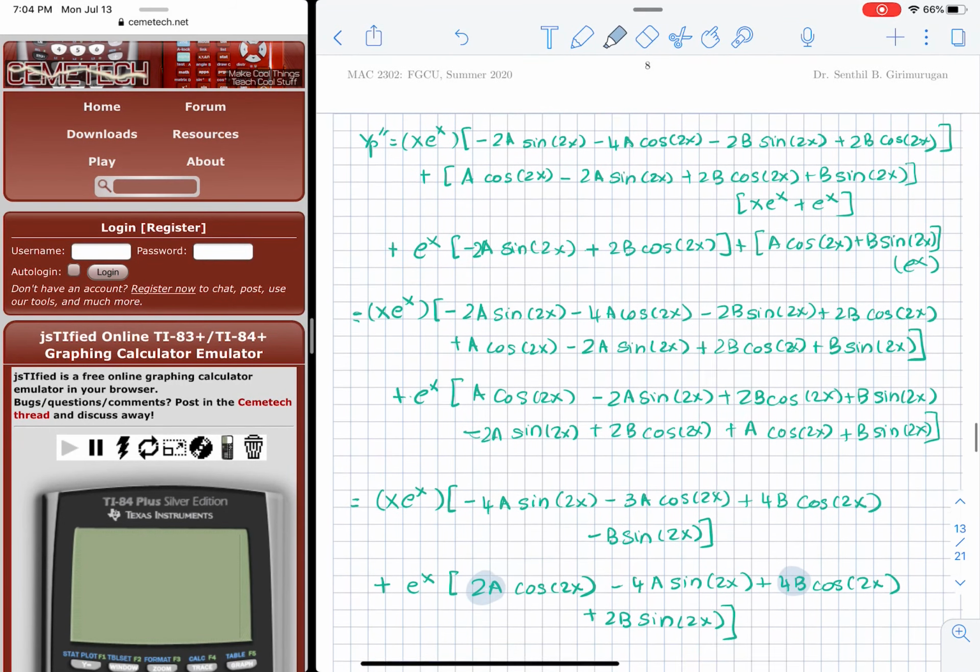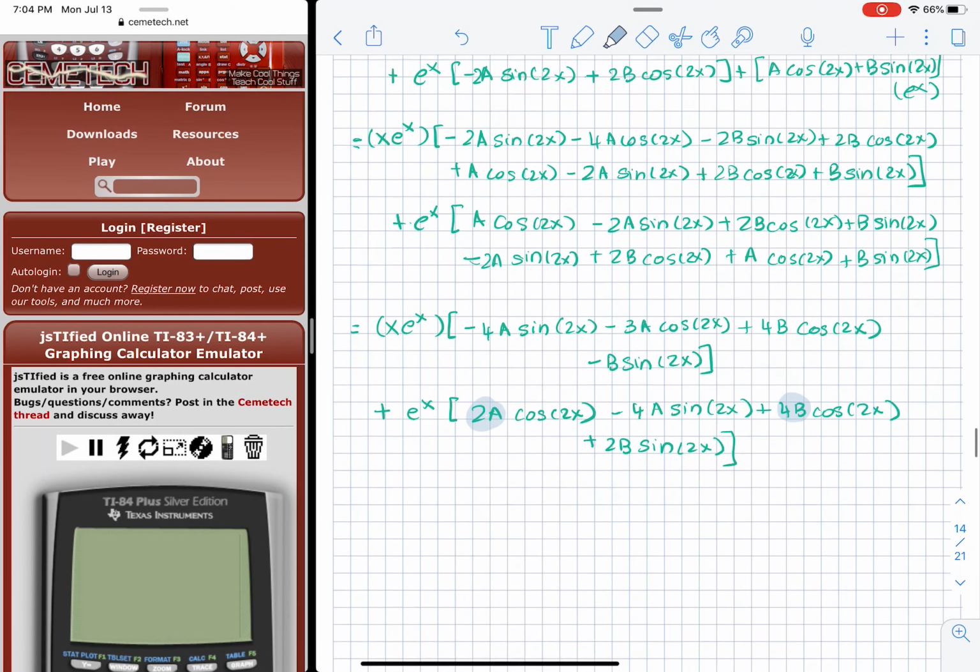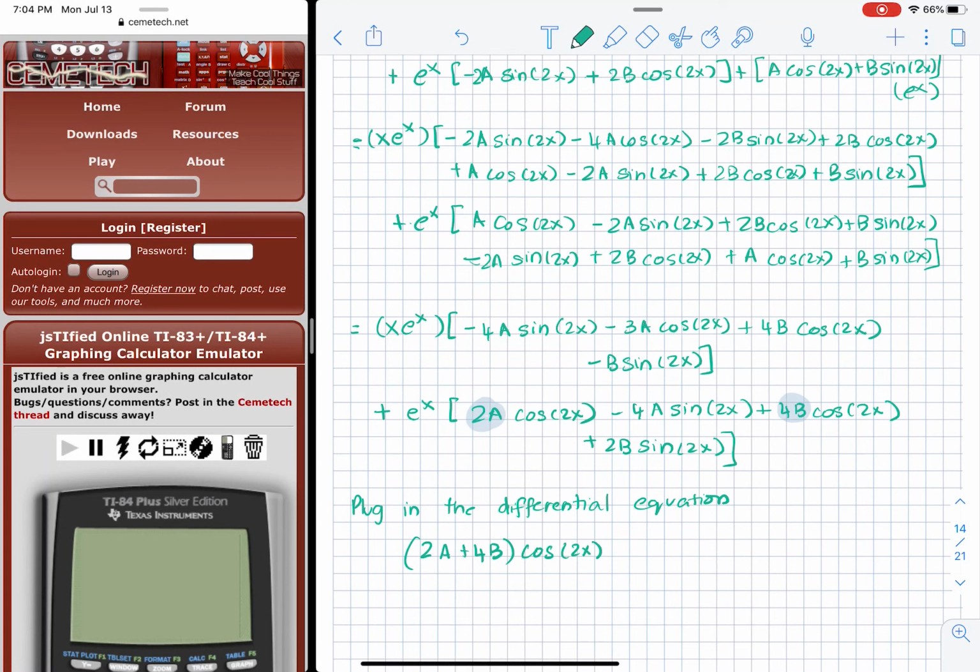So what we have is simply 2a plus 4b times e raised x cosine 2x. The other terms would simply be 0. So we have 2a plus 4b multiplied by cosine 2x e raised x.